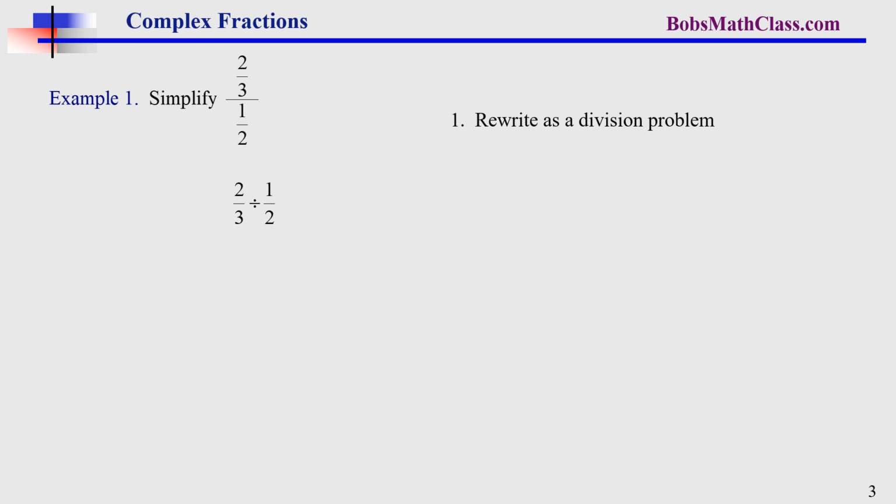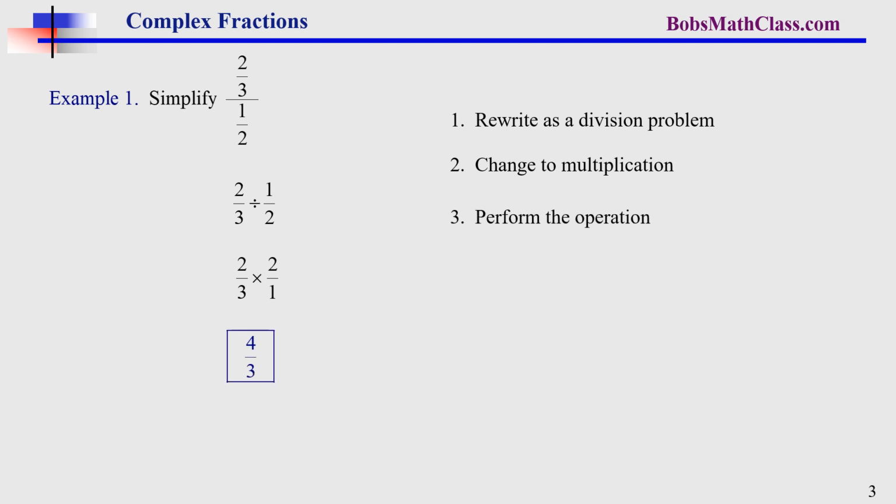The top number divided by the bottom number. Change to multiplication. So keep, change, flip. We should try to reduce. Nothing will reduce here. So multiply straight across. And that'll give us 4/3.